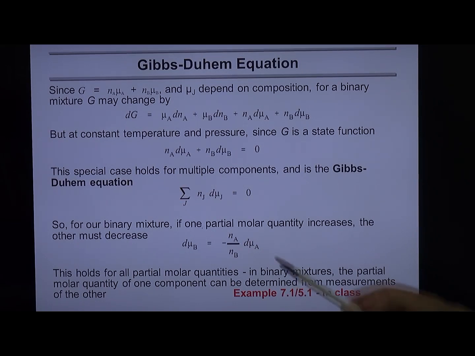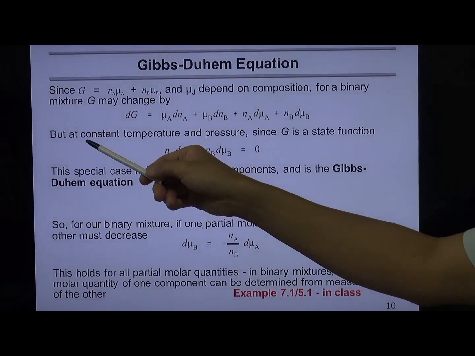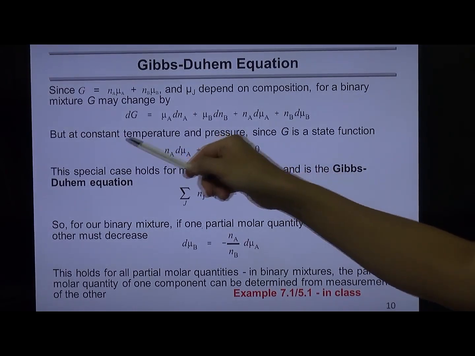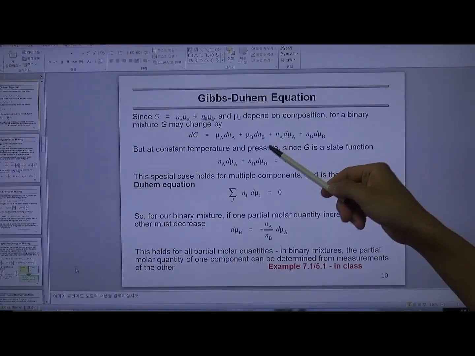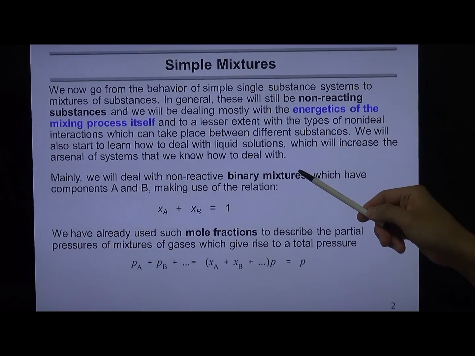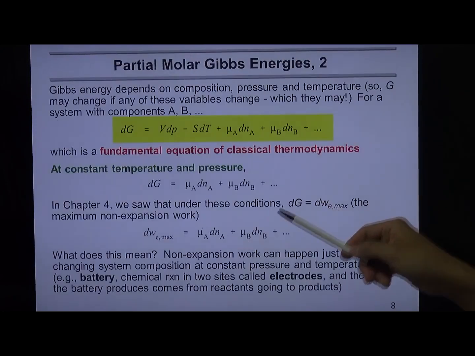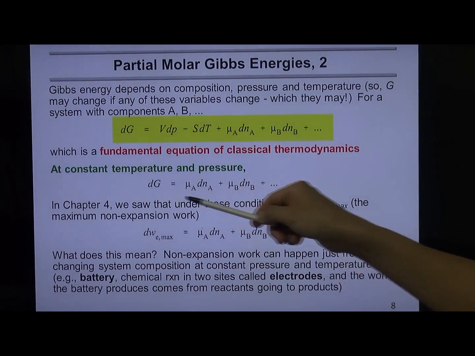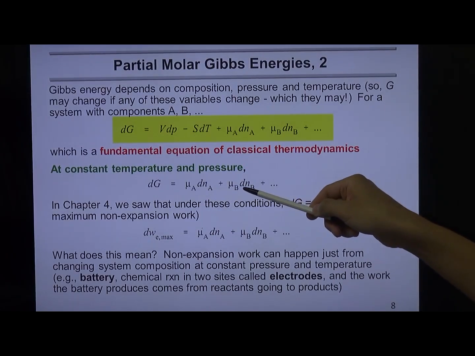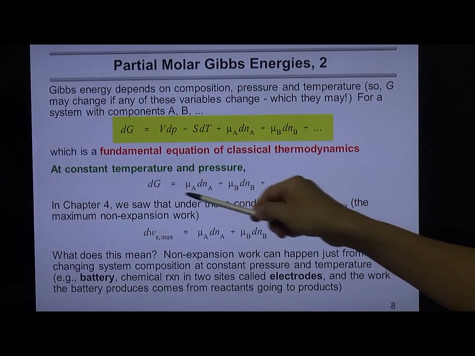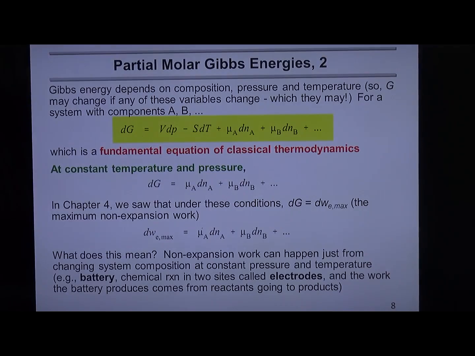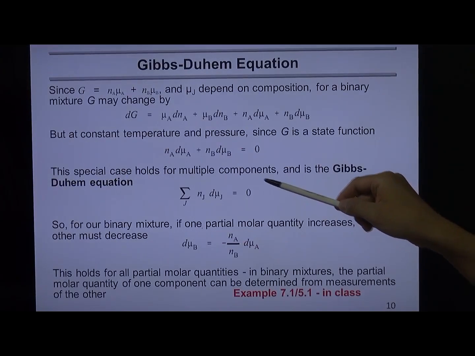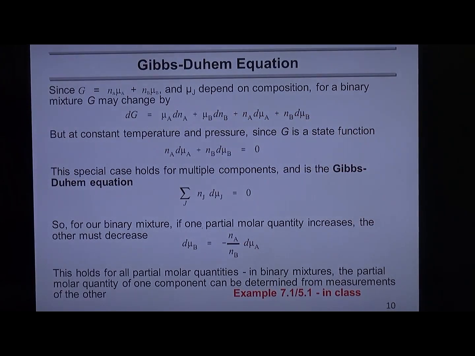And from the fundamental equation, at constant temperature and pressure, Gibbs energy dG is represented as this: mu A dNA plus mu B dNB, if there are only two substances in a mixture. So dG is here, and that should be the same as this.